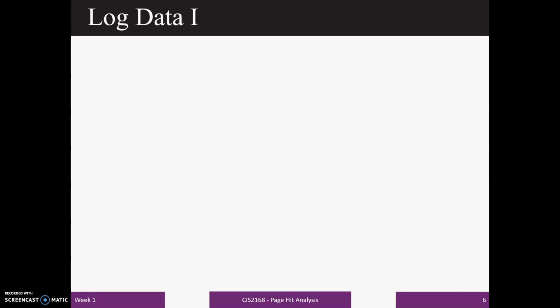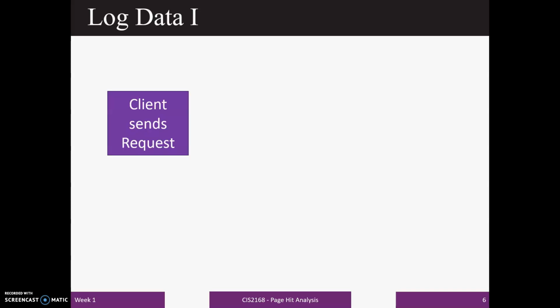In order to make the concept clearer, what a log file is and how to analyze the log data, I have given a block diagram, presented to explain the concept in an effective manner. You can see this is the first block. First of all, the client is there.